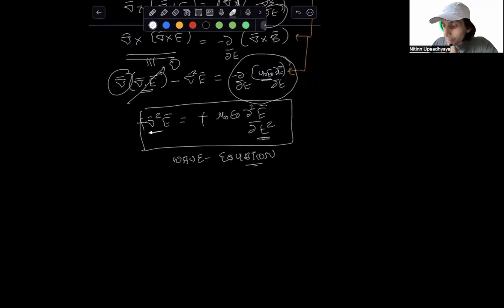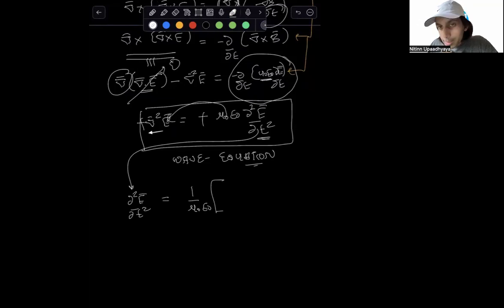Now, this equation, if I were to write it in expanded form, will look like ∂²E/∂t². So I'm going to just write this on the left-hand side equals 1 divided by mu naught epsilon naught. I'm going to take this on the other side. And then inside of this, I'm going to expand the del operator. So it's ∂²E/∂x² plus that.